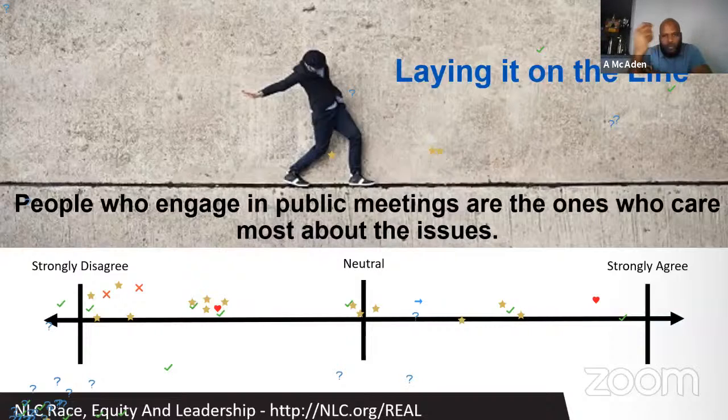Because they don't show up for this particular event, meeting, or item, they may have some involvement in other ways. So to take one action and use that as a gauge to say that it's that person's level of interest, I think wouldn't be capturing the full scope of that individual.